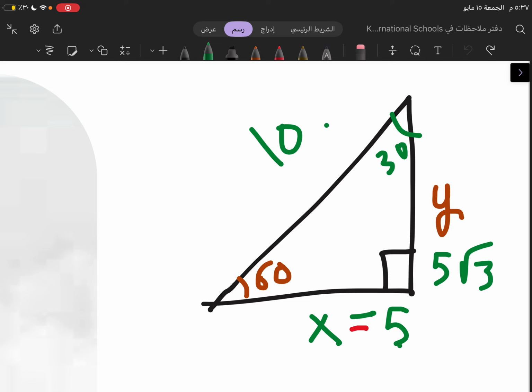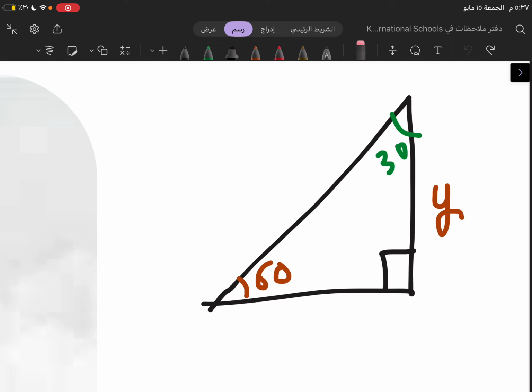We are done. Now let us take another situation. If this is 4, so this is 8, and this, which is y, is 4 radical 3.